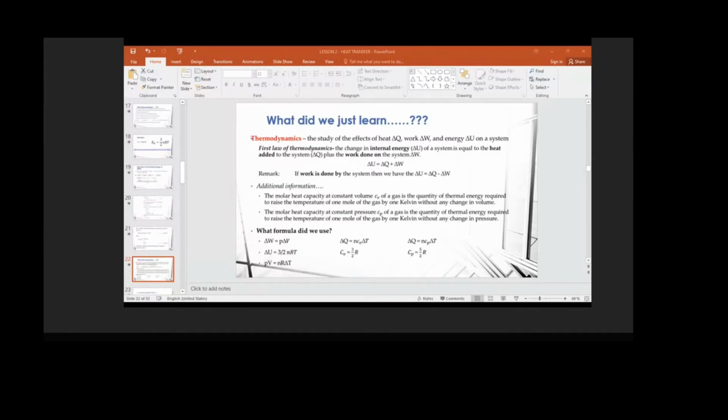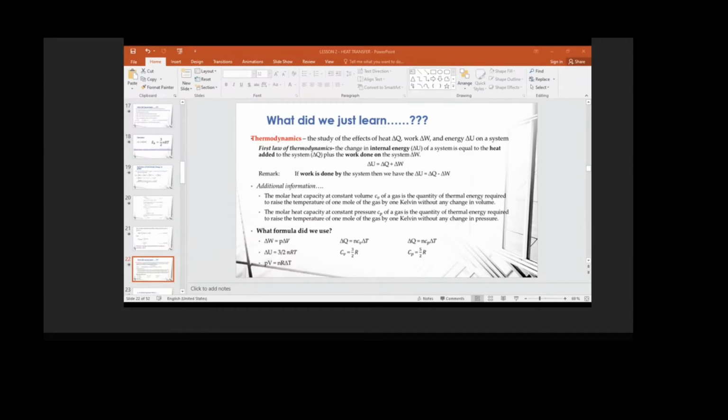These are terms that you need to know: what the Q represents, what the W represents, and what the U represents. The U is the internal energy of the gas. The Q is the heat that is added to the gas, and the W is the work done on the system or by the system.